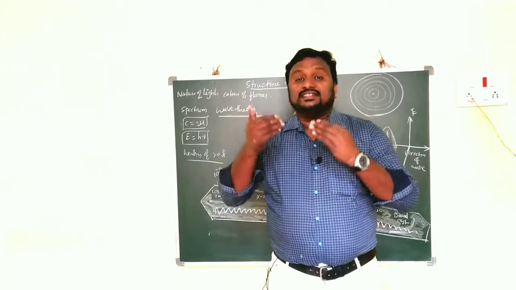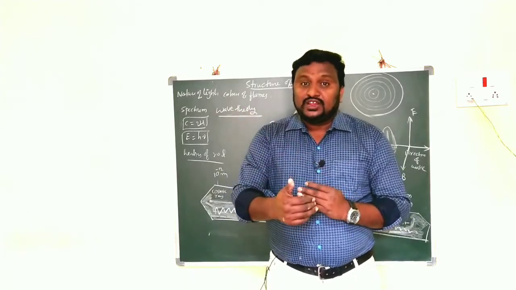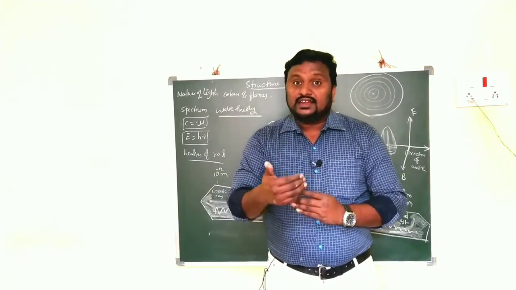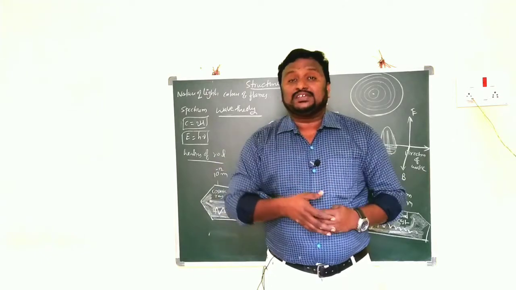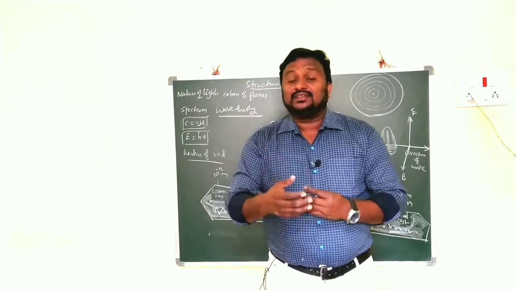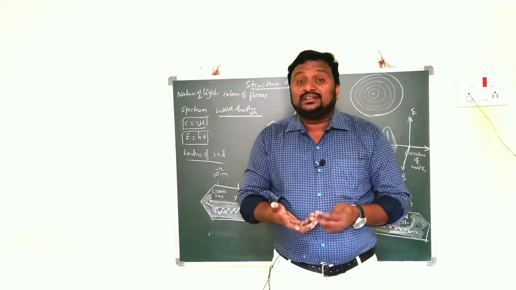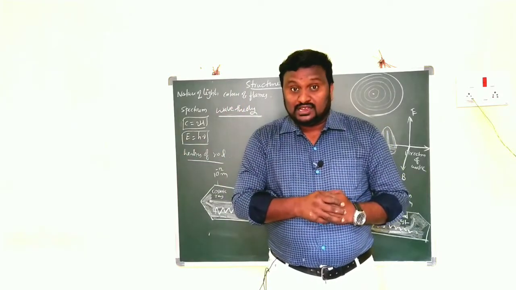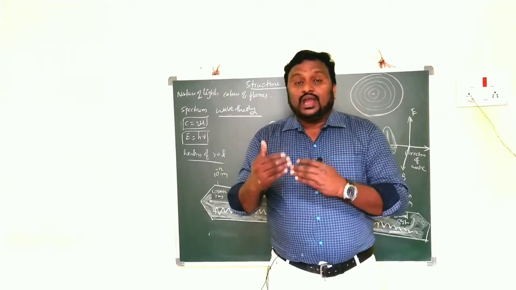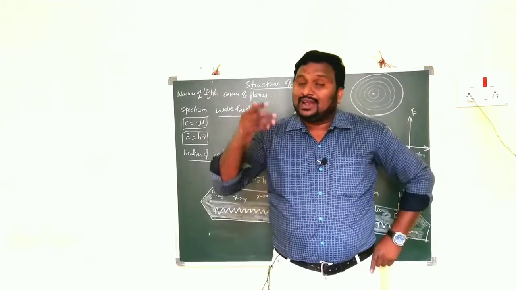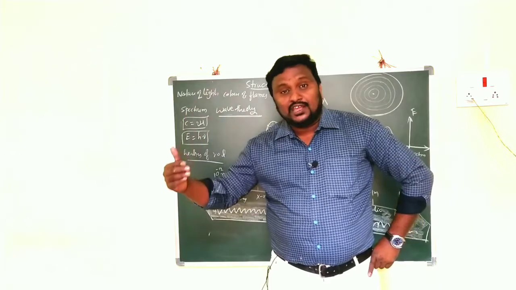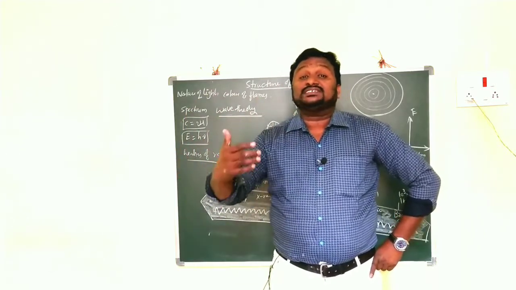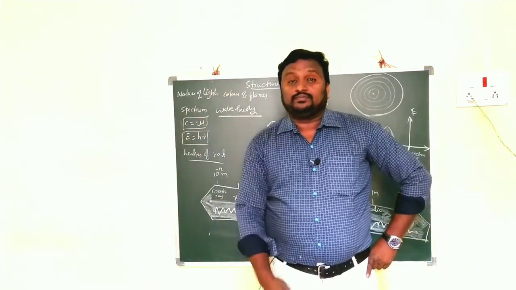That's why, in the same region, the electric field vector and magnetic field vector are superimposed together. When they are superimposed together, an electromagnetic wave is formed. Simply we have to say that the superposition of electric field vectors and magnetic field vectors is known as an electromagnetic wave.